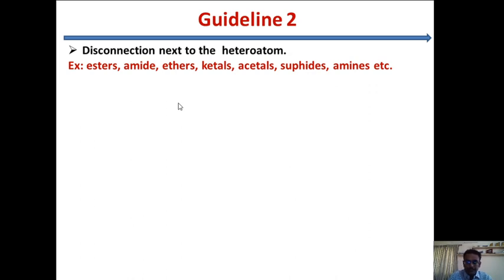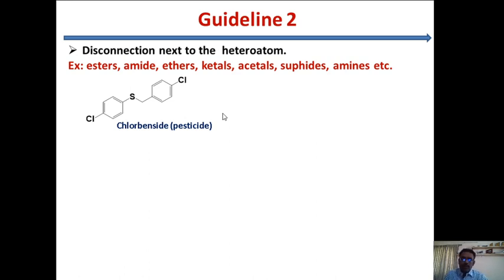Suppose you are given this molecule, where you have a carbon-sulfur, carbon-heteroatom bond. According to guideline number 2, this is called chlorobenside, which is used as a pesticide.